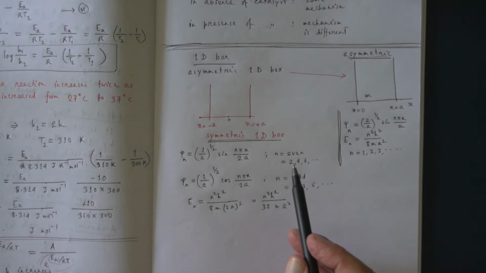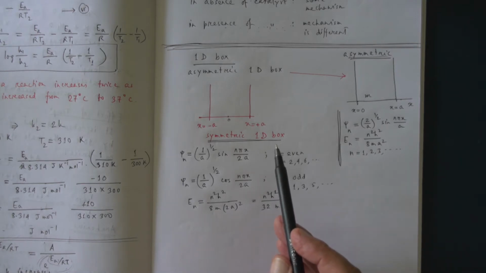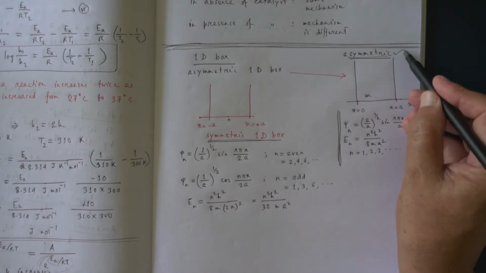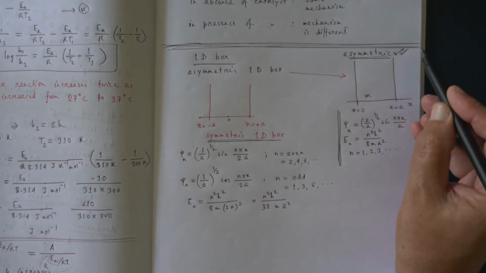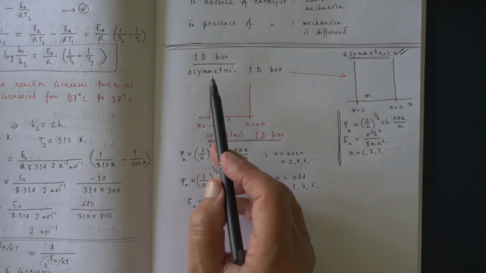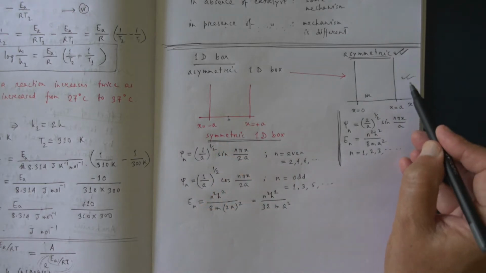Okay, these are the expressions. But you remember, in general, when we say particle in a one-dimensional box, we mean the asymmetric one. I repeat, in general, when we say particle in a one-dimensional box, we mean this, not this.